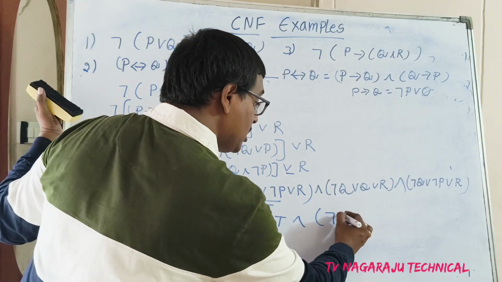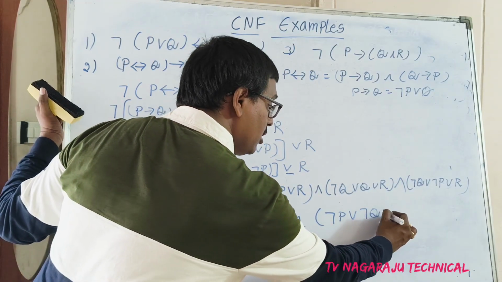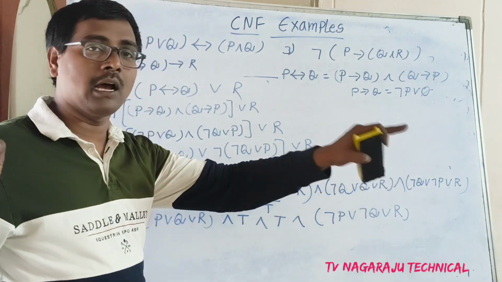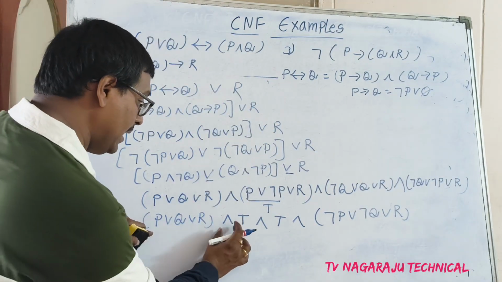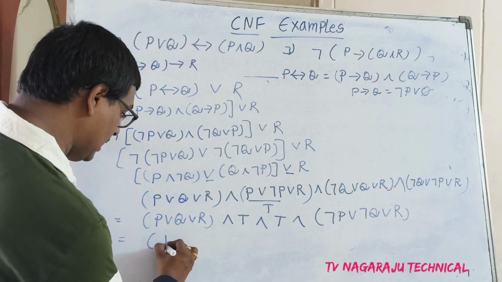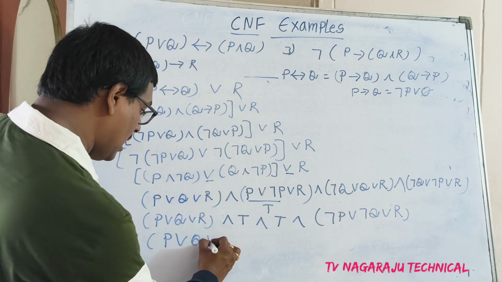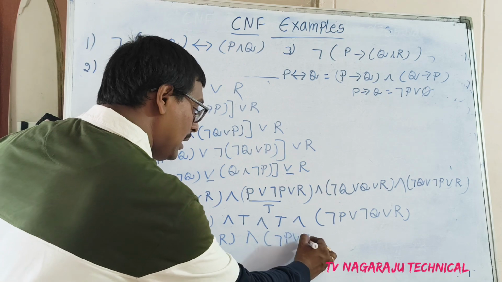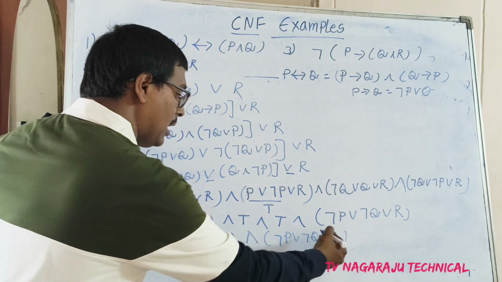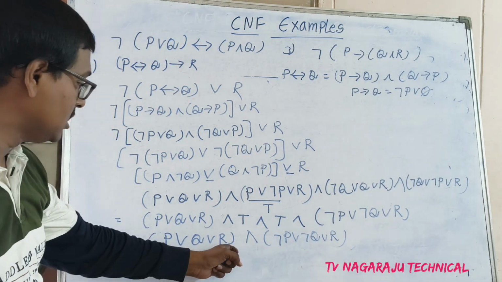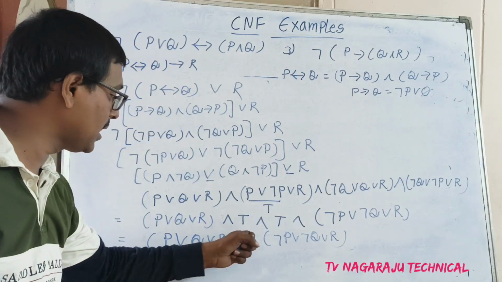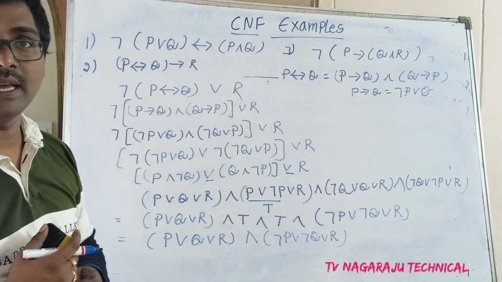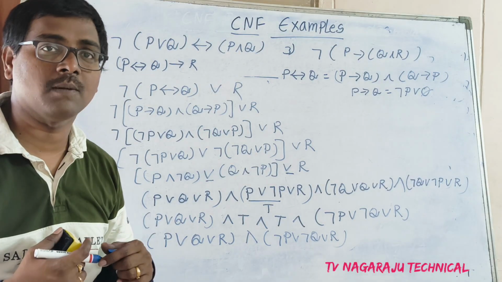And negation P or negation Q or R. Even if you change the order, not a problem. Why? The OR operation is commutative. Finally, the answer is P or Q or R, and negation P or negation Q or R. This is the conjunctive normal form. This is the sum term. This is the product of sums. Clear? This is my second example.